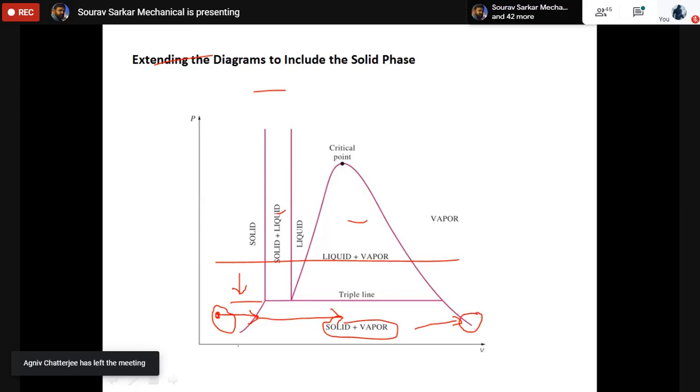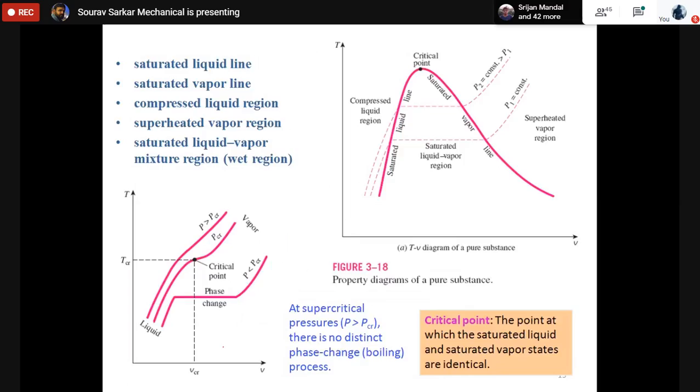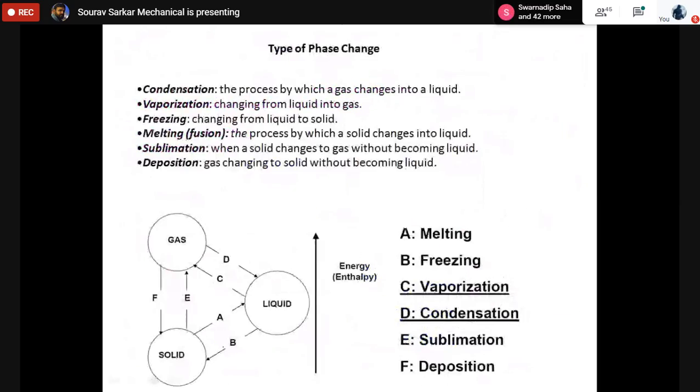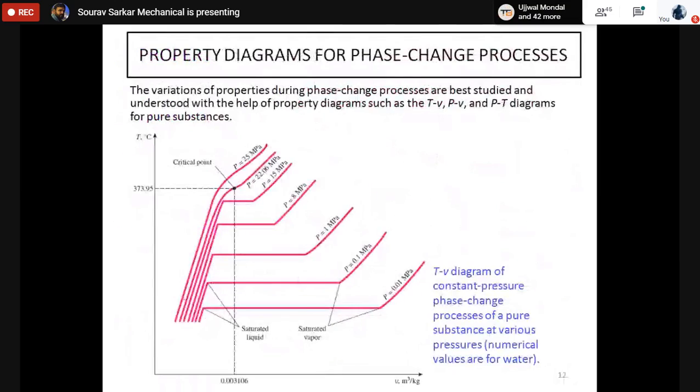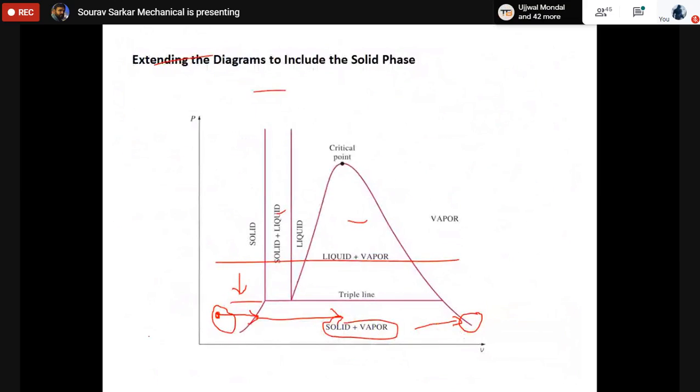So this is the end of the sublimation process. Last day I told you about this, if I go back to that, this is the sublimation. So what is sublimation? It is when the solid is directly converted into vapor, and this happens if you go to a very low pressure.